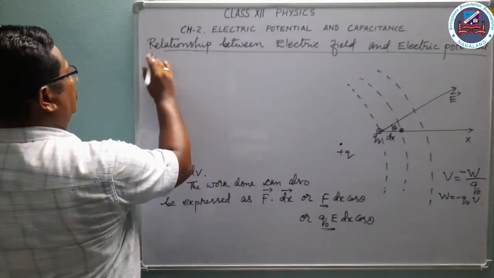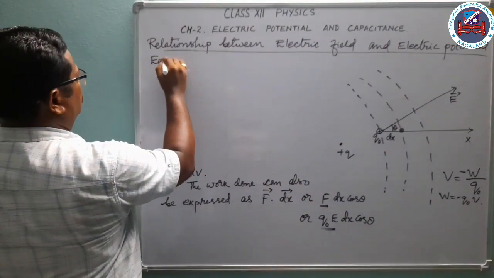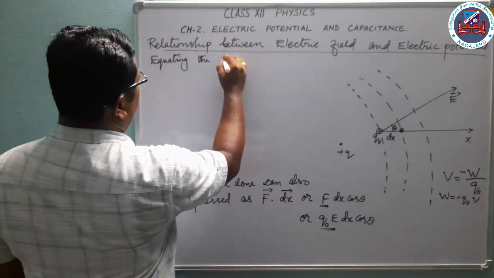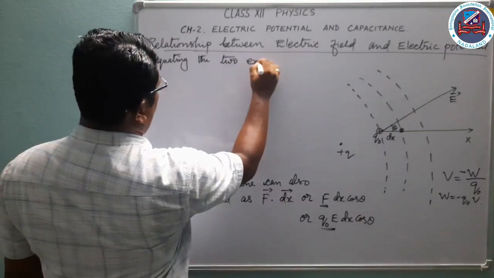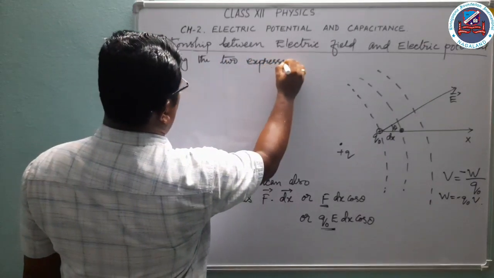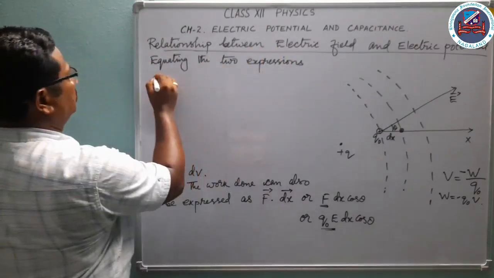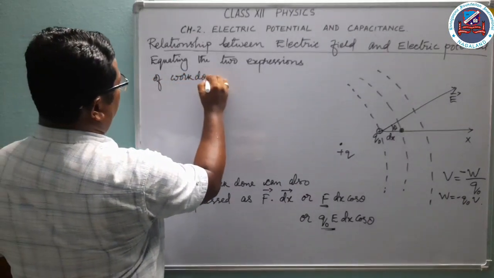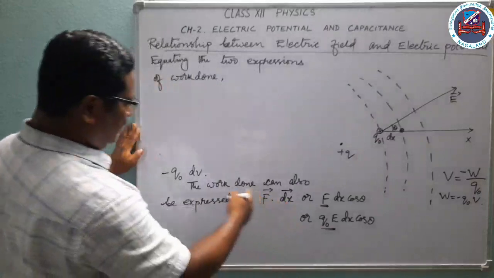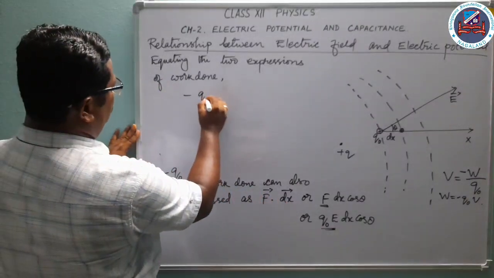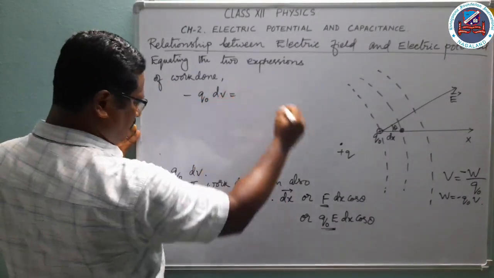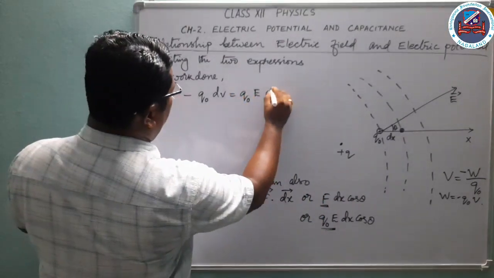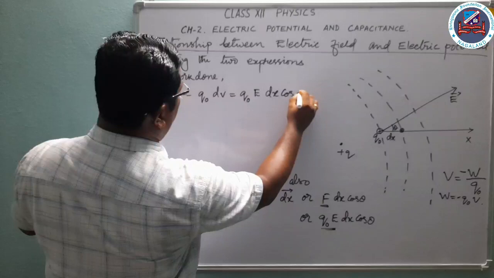Here, equating the two expressions of work done, we can get like this: minus Q naught dV is equal to Q naught E dx cos theta.